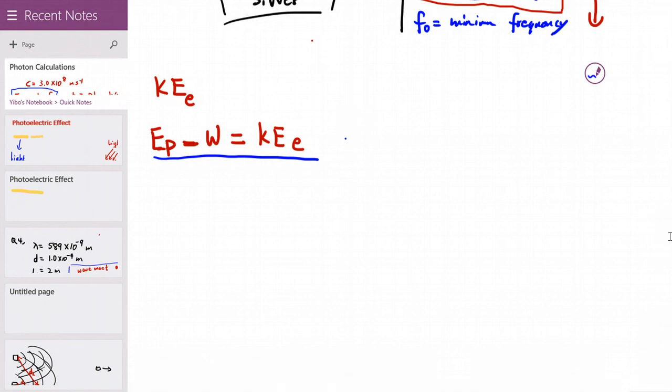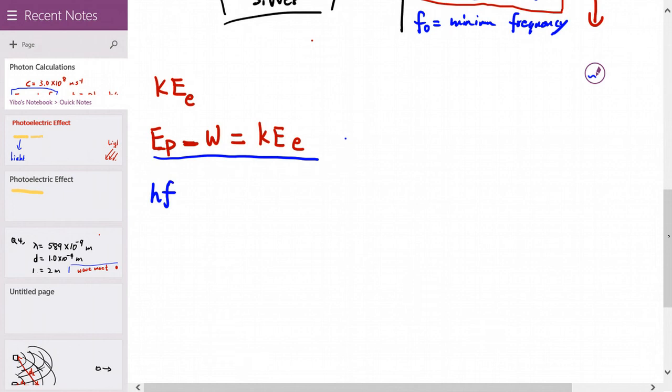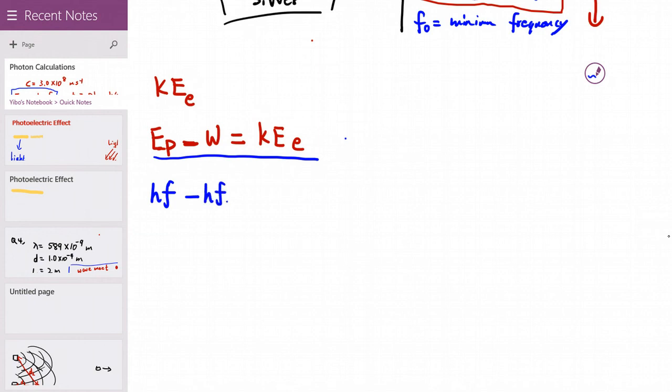The energy of the photon is hf, the Planck constant times the frequency of the light, take away the work function, which is h f0.